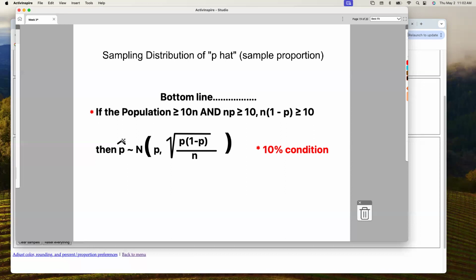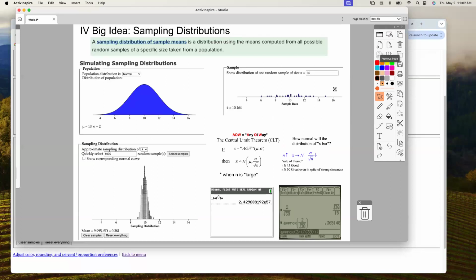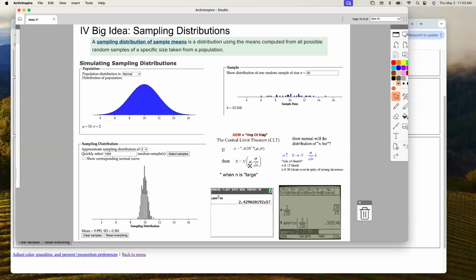We're going to apply this to more specific problems that are very practical later on, and this is the foundation of it: these two big ideas, the sampling distribution of p hat, which will let us answer useful questions in the future, and also the sampling distribution of x bar. They both follow normal distributions, and that's why we spend so much time studying the normal distribution.